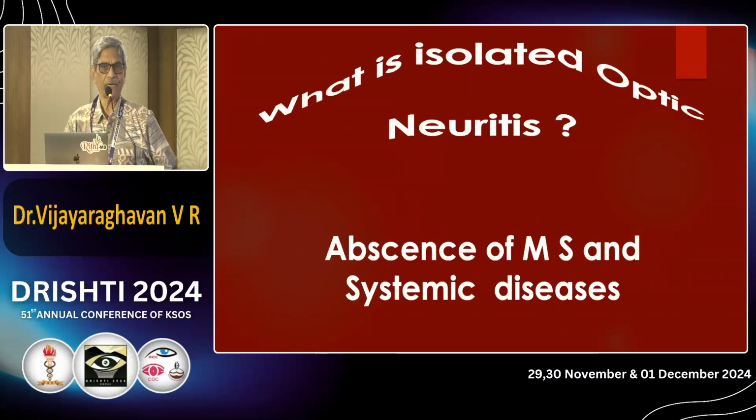Then we have isolated optic neuritis. What is isolated optic neuritis? Inflammation of the optic nerve again, but when you are not having associated multiple sclerosis, or any other systemic problem associated, you take it as isolated. But you cannot leave it like that, because this person may land up in multiple sclerosis in future. That's why you have to follow these persons properly.